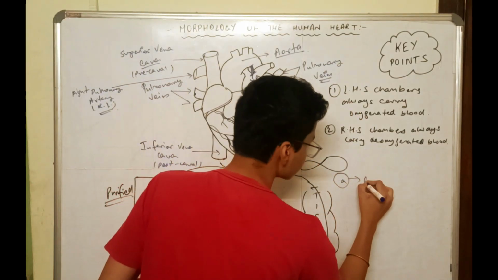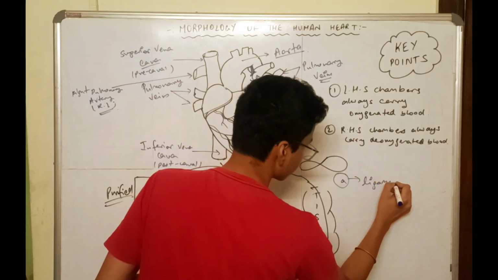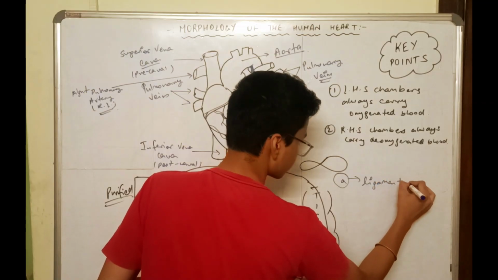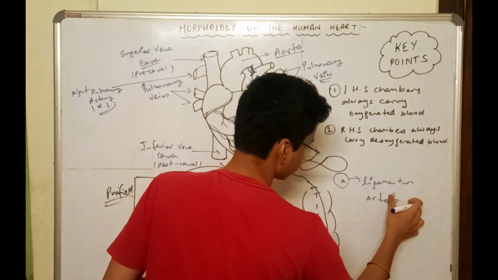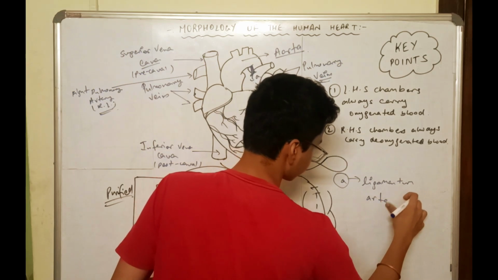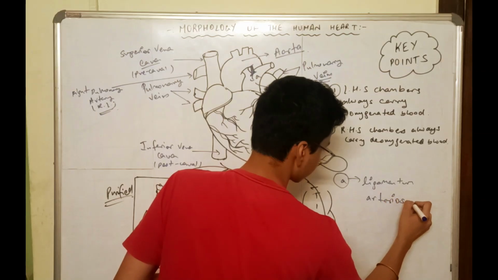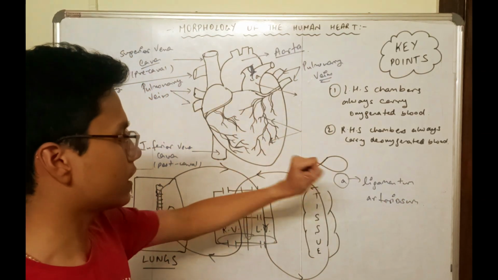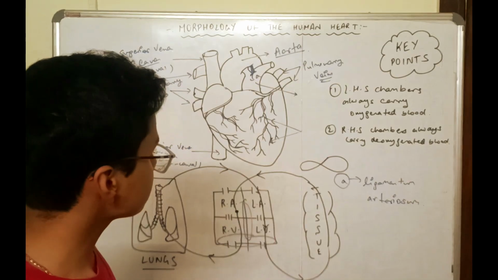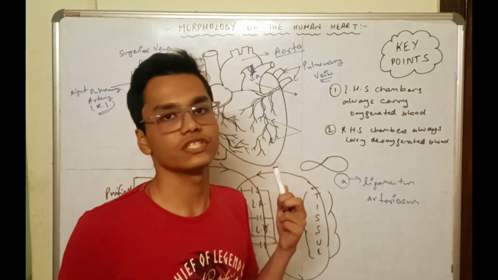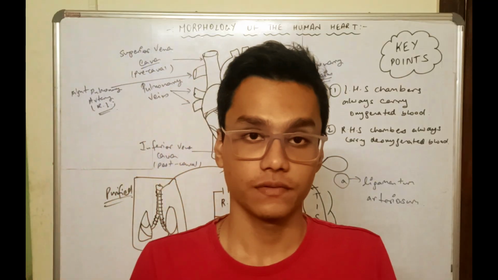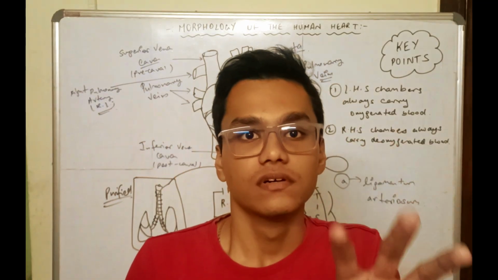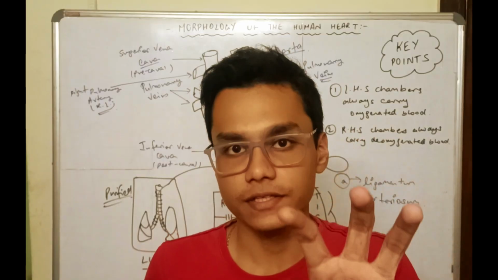Now this A is actually called ligamentum arteriosum. Ligamentum arteriosum. Now this emerged from a congenital issue. This is a very interesting story: there was a time when you, my viewer, were a fetus.